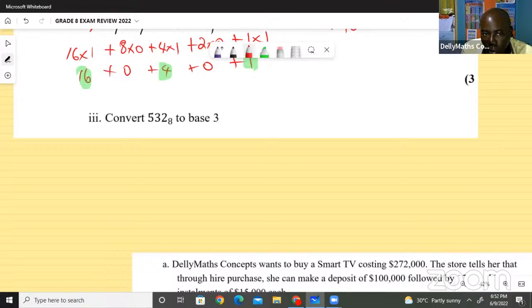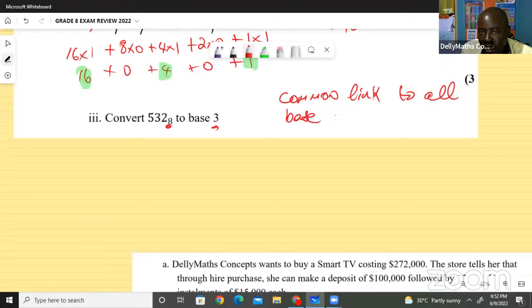Look, when you're moving from a base 8 to a base 3, please remember the common link to all bases is base 10.